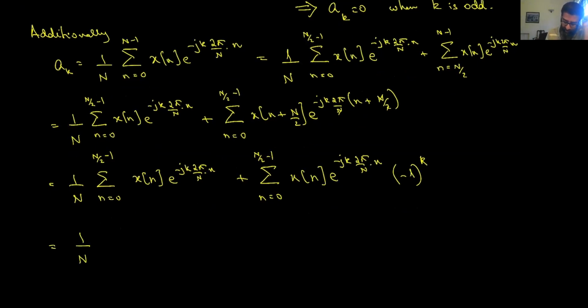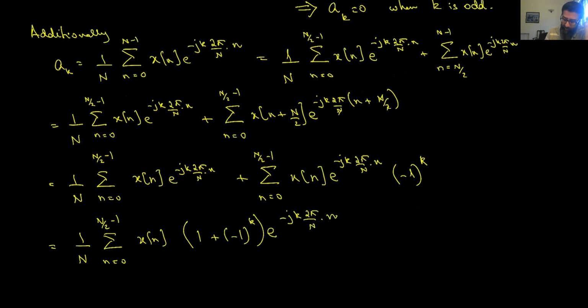So this is 1 upon N summation n equals 0 to N by 2 minus 1, and this is x of n, 1 plus minus 1 raised to power k, e raised to power minus j k 2 pi by N times n.